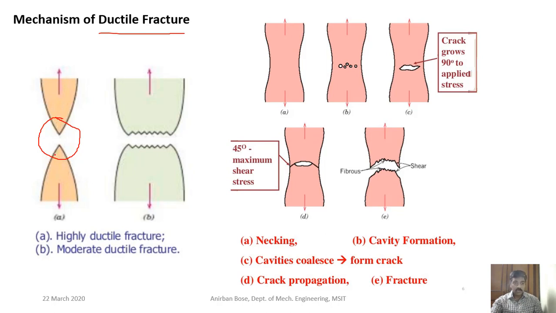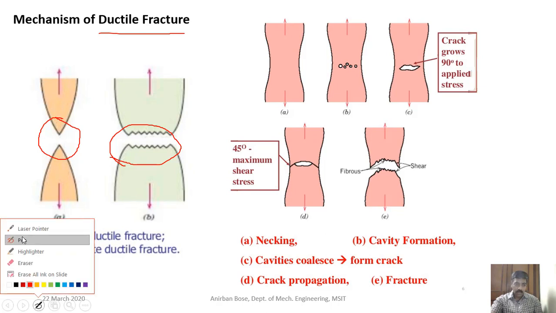But in commercially available ductile materials that we generally put as a sample in our tensile test, we will find that the typical ductile fracture looks like this. So let us see what the mechanism of this kind of ductile fracture is. Here you can see the steps of the ductile fracture.